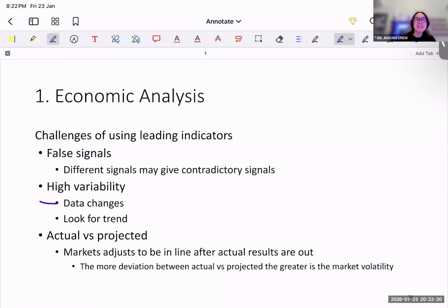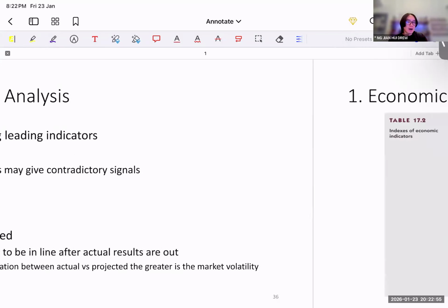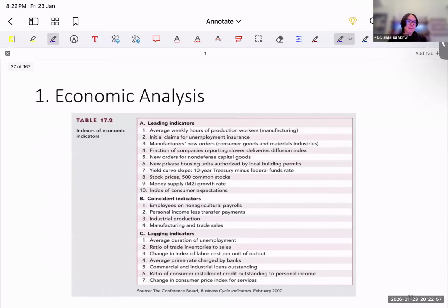You have to rethink what kind of businesses will do well, what businesses will fail in such an economy, right? So data points can change, and because of that, we need to reassess the economy. So these are some leading indicators.